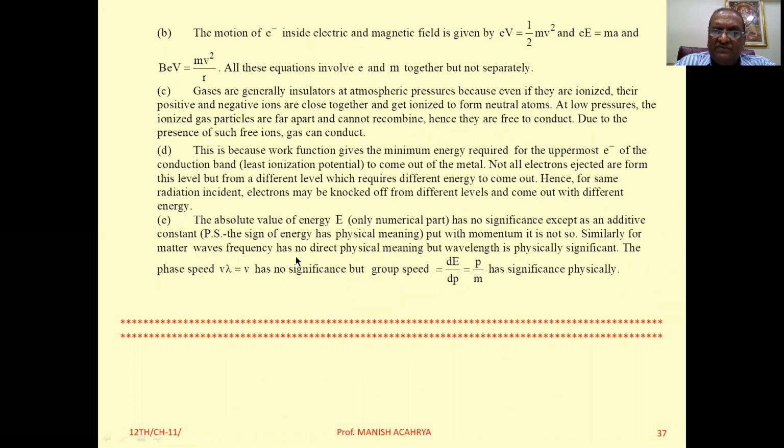Similarly, for matter waves, frequency has no direct physical meaning, but wavelength is physically significant. And the phase speed, nu lambda, that is v, has no significance, but group speed has physical significance. This particular concept of group speed is out of your scope, because that is of quantum mechanics. So just you have to read it. That's it. Clear to all of you? And now the chapter is completed.